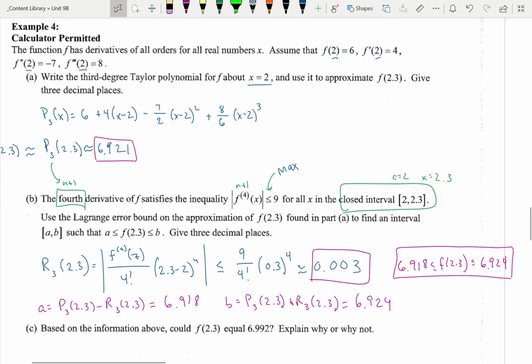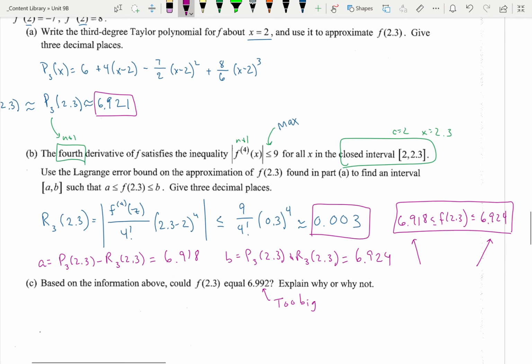All right. And then lastly, this is the easy question. If you've done all the hard stuff right, then all you have to do is answer the question: is 6.992 within your interval? Well, that's close to those values. The lower and upper bounds here are both 6.9 something. But the largest these values ever get is 6.924, whereas this is 6.992. This is too big.